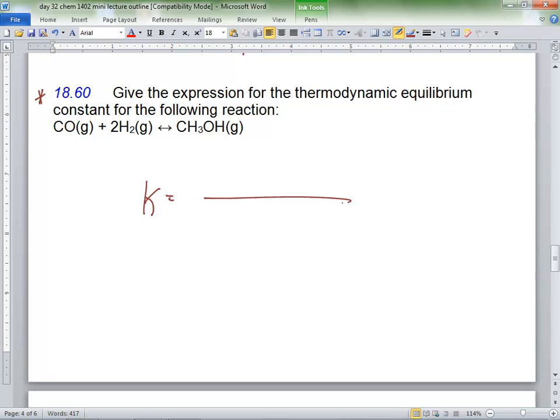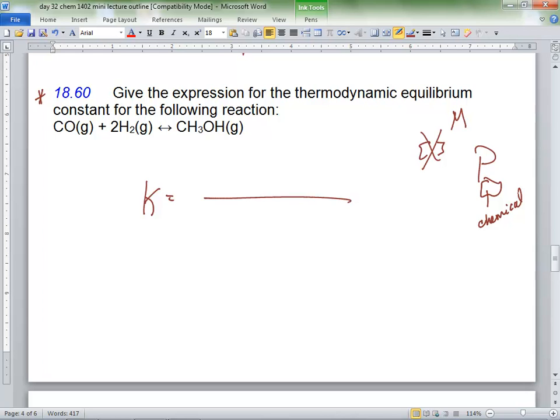ATM. So that means if you write this expression, you can't use brackets because brackets means big M. You have to use P's and have a little subscript for the compound, for the chemical. And if it's squared, fine, square it. If it's cubed, fine, cube it. Okay?